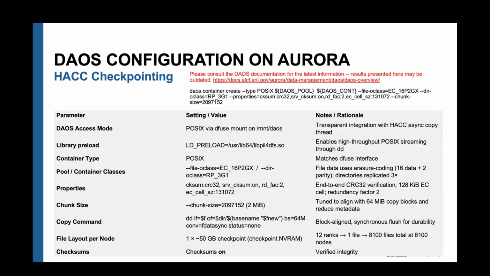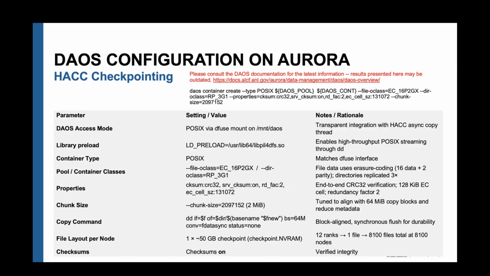Likely in your code, depending on whether you're writing very large files or a lot of very small files, the particular settings that you use for your container might give you different performance.